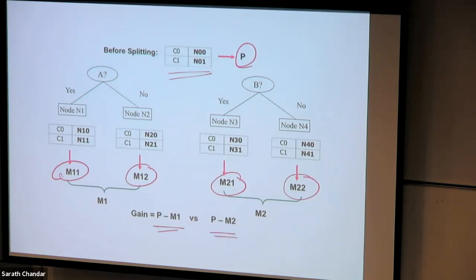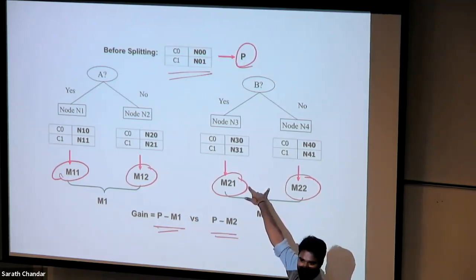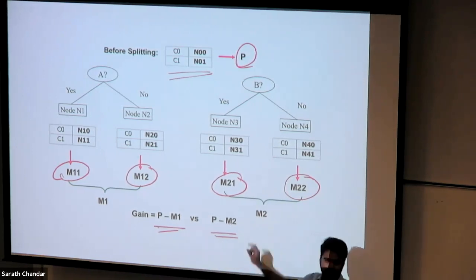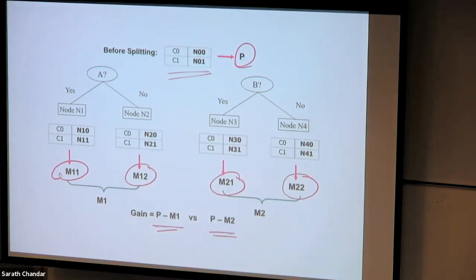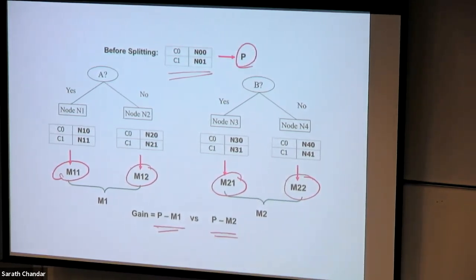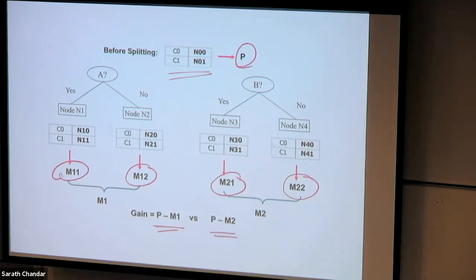One thing we haven't figured out yet is, given 2 Gini values for 2 different tables, how do I merge them to come up with M2? The idea is simple. We take a weighted average of these 2 Gini values, where the weight is given by the size of the data set.